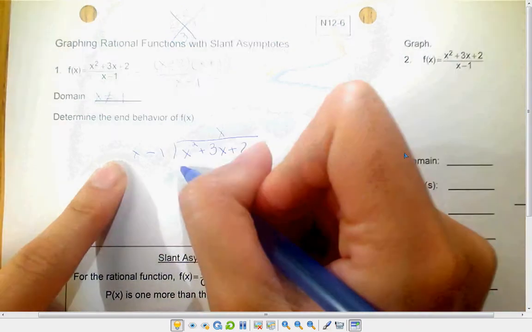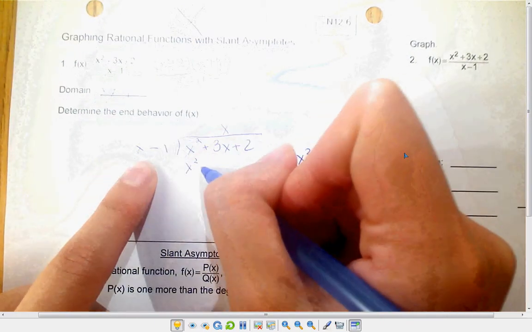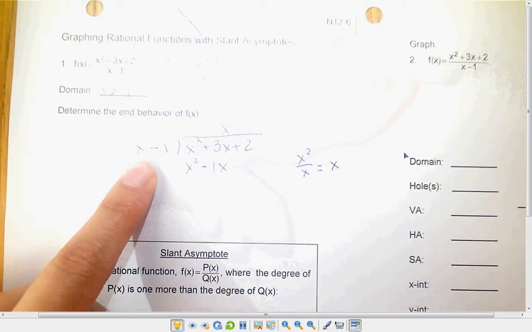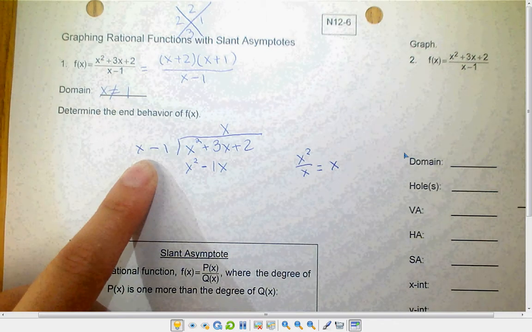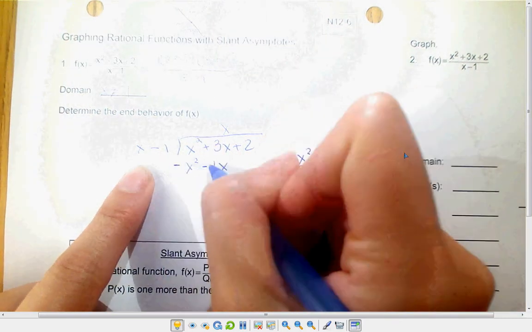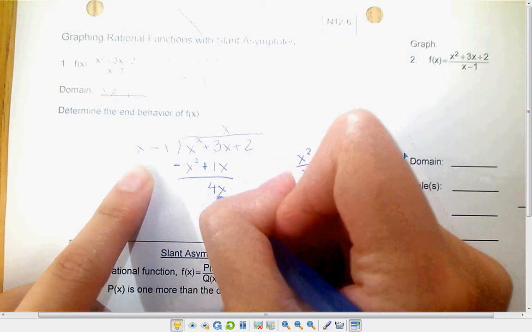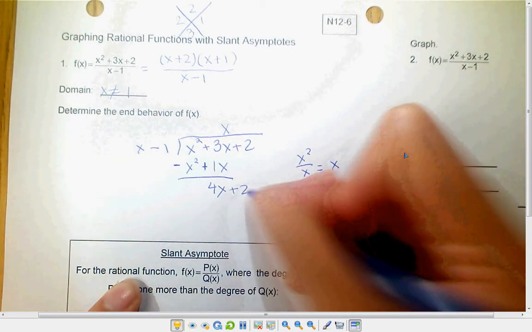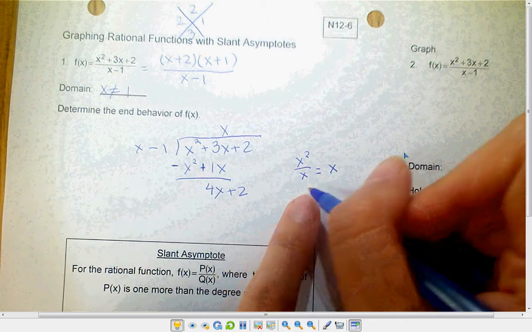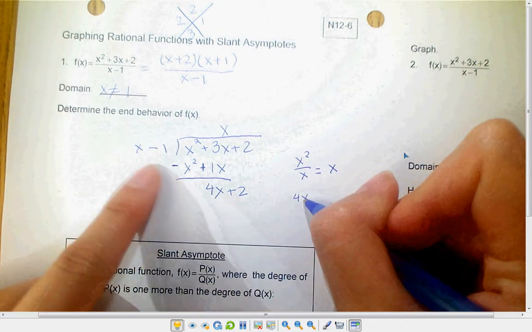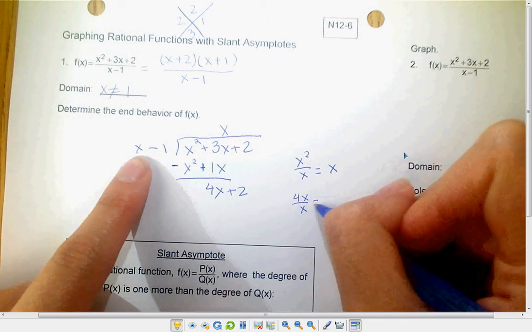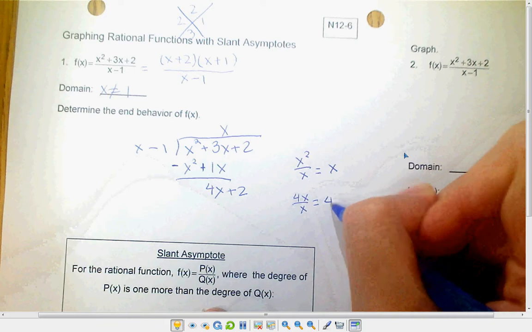Multiply x times x gives me x squared, x times negative 1 gives me negative 1x. We change the sign, so this becomes negative, this becomes positive, which gives us 3x plus 1x is 4x plus 2. We again take the first term divided by the first term. So 4x divided by x, the x's cancel out, it leaves me with 4.